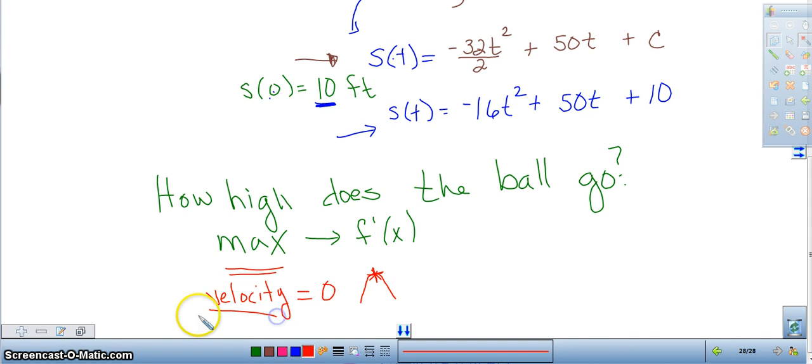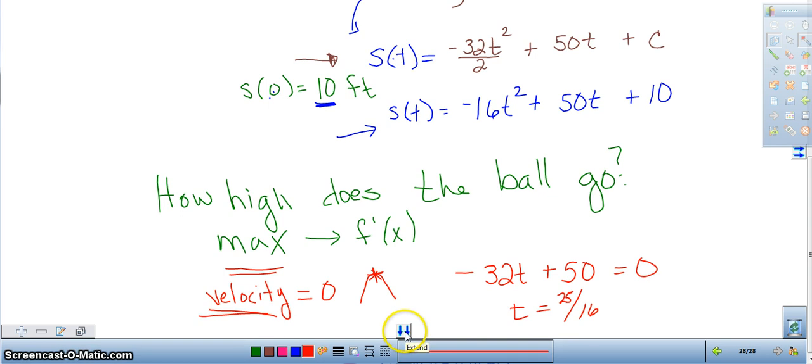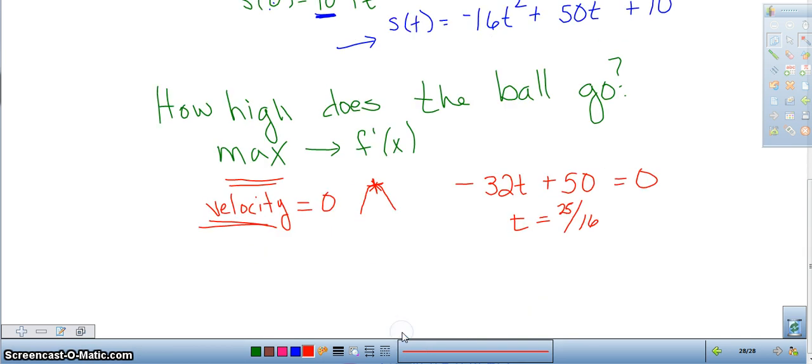So I have to use my velocity function, which was negative 32t plus 50, and I want to know when that equals 0. If I solve that, I get 25 over 16. But that doesn't really tell me how high the ball goes. To know the height of the ball, I'd have to use this position function, because position is a height.